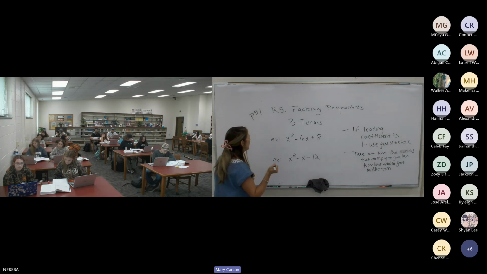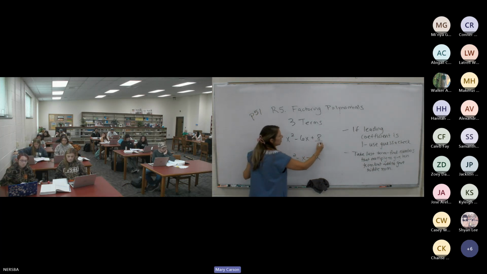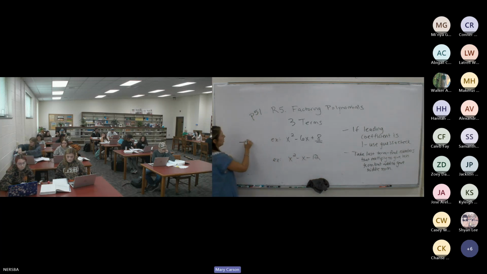All right, so again, I look at the last term. I want two numbers that multiply to give you 8, but add to give you -6. Anybody know what those would be? What would be the two numbers? 4 and 2. Now think about what sign they're going to have to be.